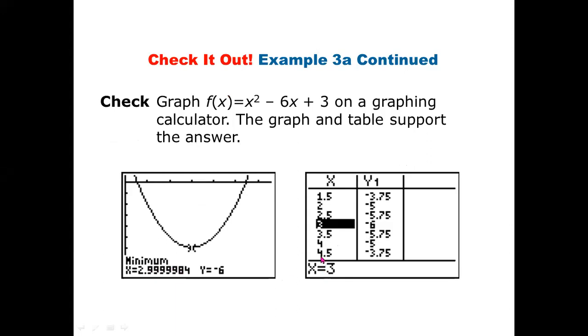And for y, we have -6, because that will be -5.75, which is just equivalent to -6. When x is 1.5, the value of y is -3.75. So this is how to graph.